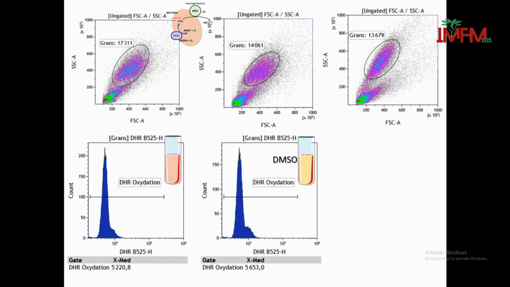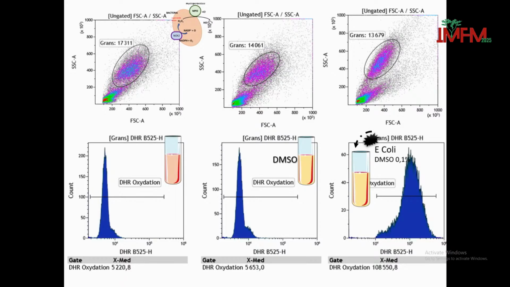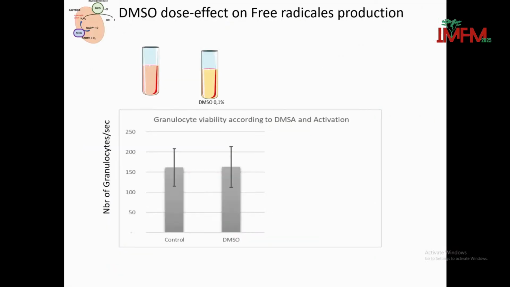If we use DMSO, we do not have a difference in the production, but if we stimulate the cells, then we still have the same number of granulocytes from the same volume of blood, but we see that we have a strong expression of fluorescence, which is triggered by the presence of E. coli.